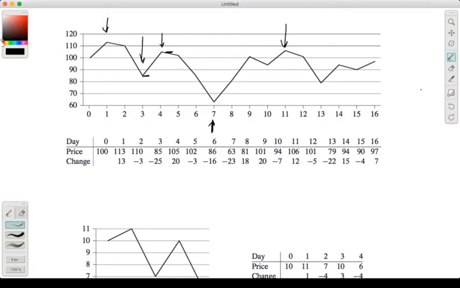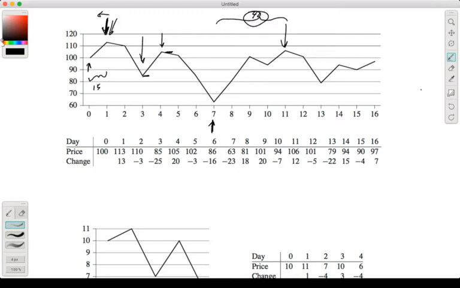That would give us a profit from 65 to 105, so about $40 per share. What we can then do is look at the highest share price, which is here, and go left until we find the lowest point there. If we buy and sell at those points, we would make about $15 a share. And so the $40 profit would be what we want to do.